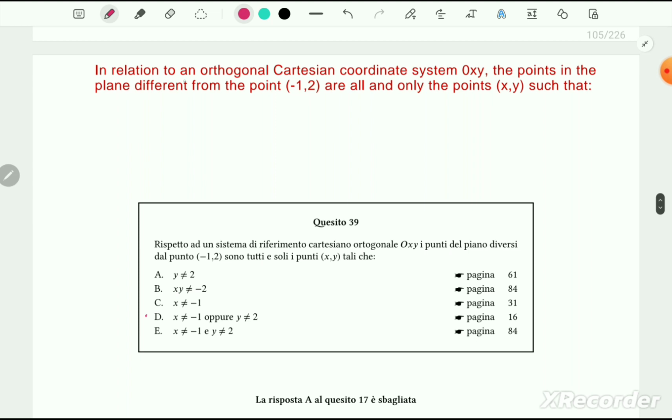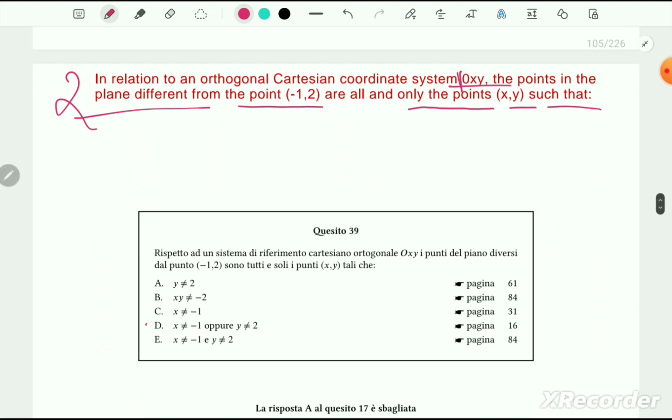In relation to an orthogonal Cartesian coordinate system OXY, the points in the plane different from the point (-1, 2) are all and only the points (x, y) such that. The question seems complex, but if we understand it, it's very simple.